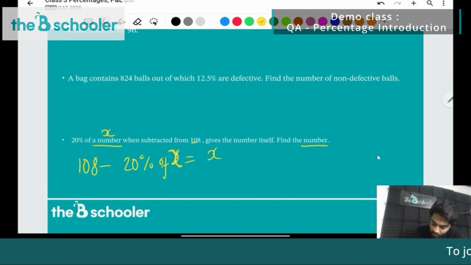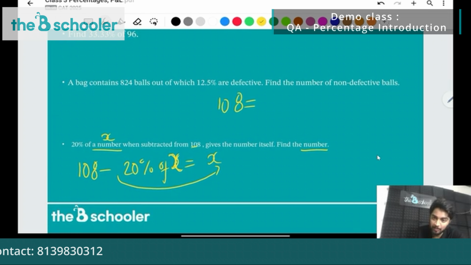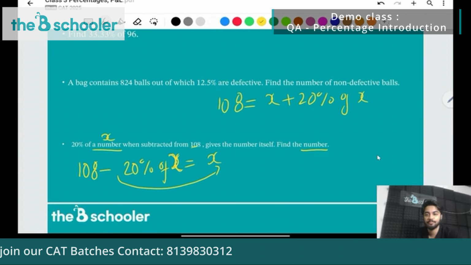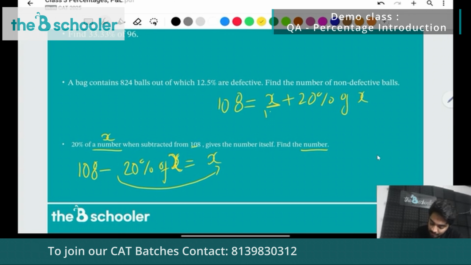Okay, so what is told here? 108 is equal to, taking this to the other side, you'll get x plus 20% of x. Right? Clear? Now can you write this x as 100% of x?